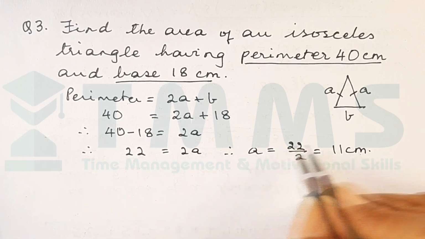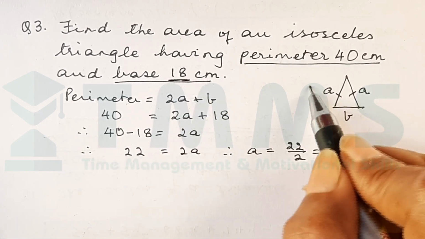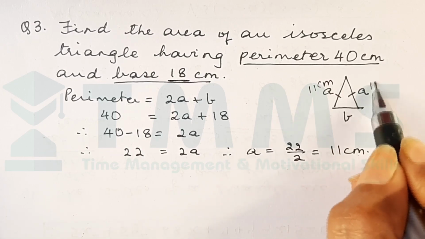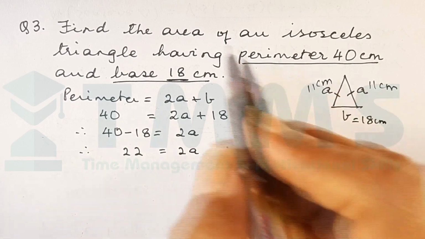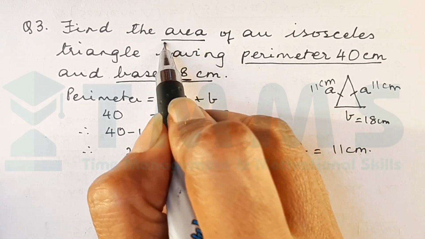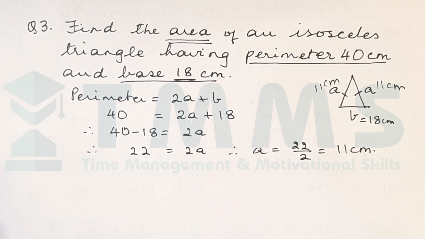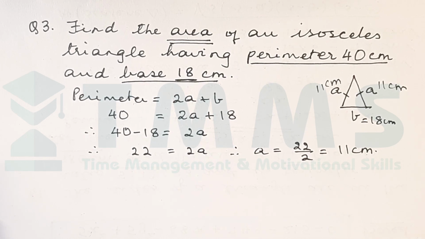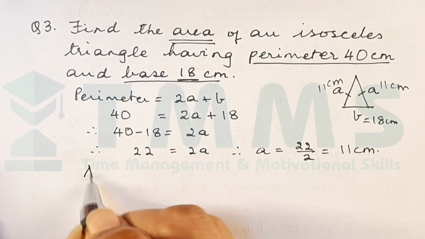Now that we got our base as 18 centimeter and these ones are 11 centimeter each, we can now go to the formula for the area of isosceles triangle. Do you remember the area of isosceles triangle formula? Come on, quickly find the list of the formula.